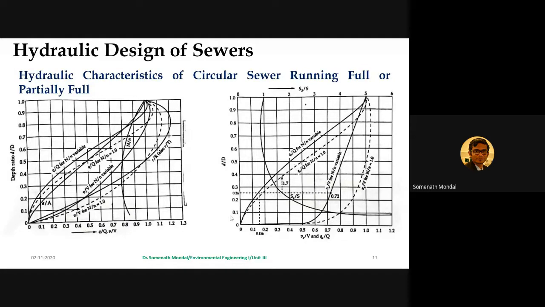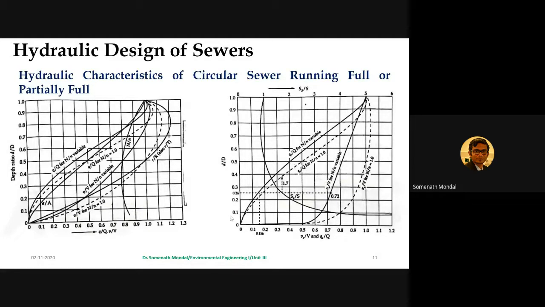If I calculate in tabular form the proportionate area, proportionate wetted perimeter, proportionate HMD, proportionate velocity, and proportionate discharge, the same things if I want to plot in the graph, in that case, we get this graph which I have shown over here.